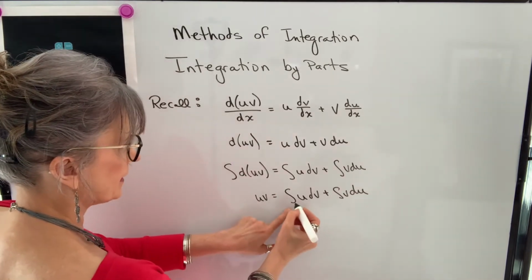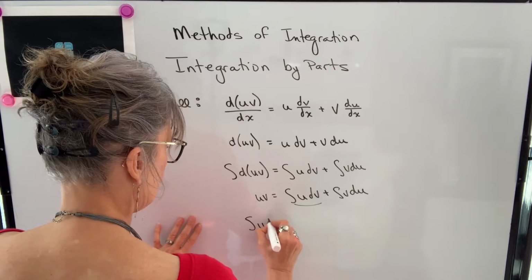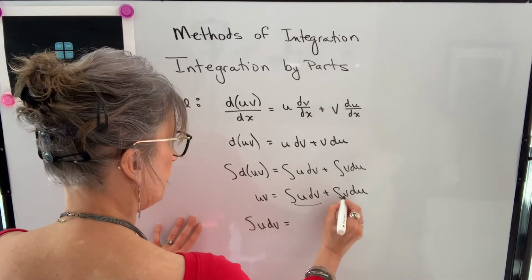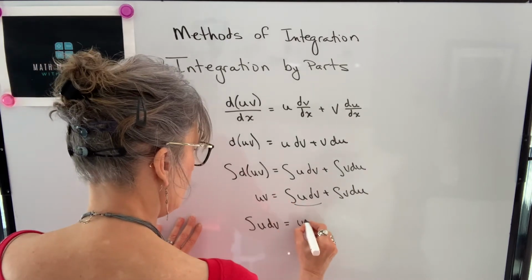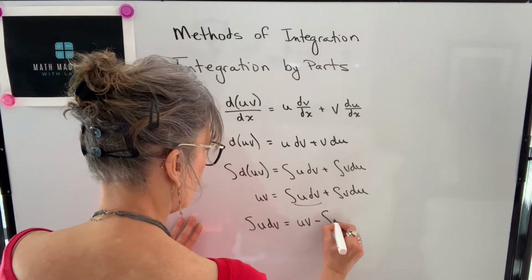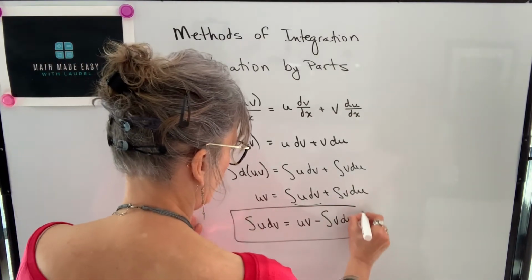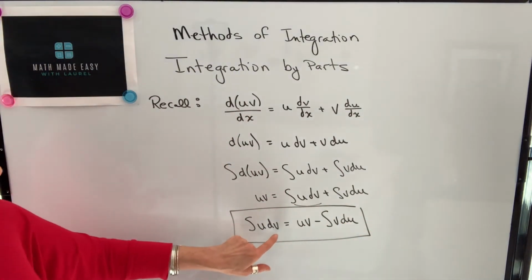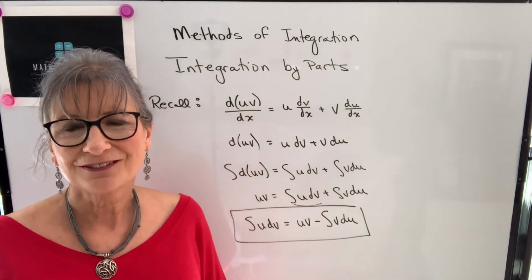Then what I want to do is isolate this term. So I'm going to take the integral of u times dv will be equal to, I'm going to subtract this term from both sides, so it'll be uv minus the integral of v times du. And that's what we're going to use to integrate certain types of integrals.